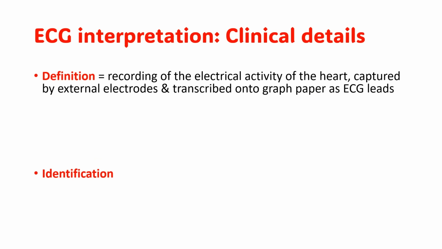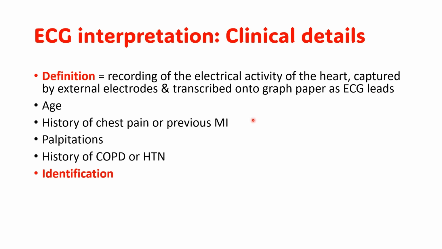First of all, we have a general definition of an ECG, and we know that it's a recording of the electrical activity of the heart captured by the external electrodes and transcribed, so written onto graph paper, as the ECG leads. Remember, the leads are the different views of the heart. We want to be aware of the patient's age, things for the history.